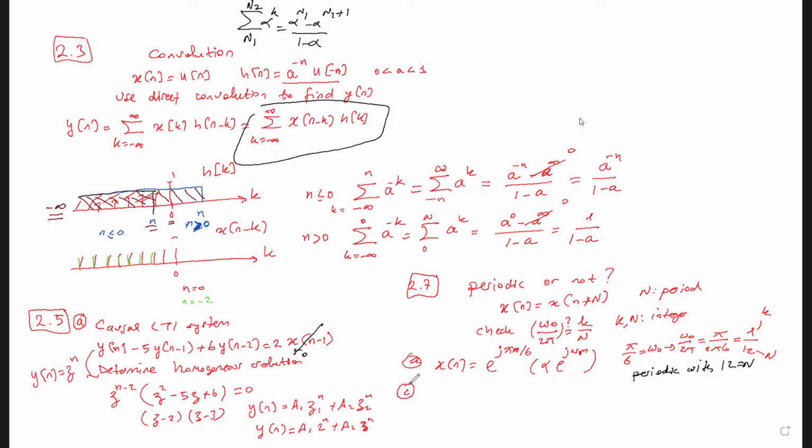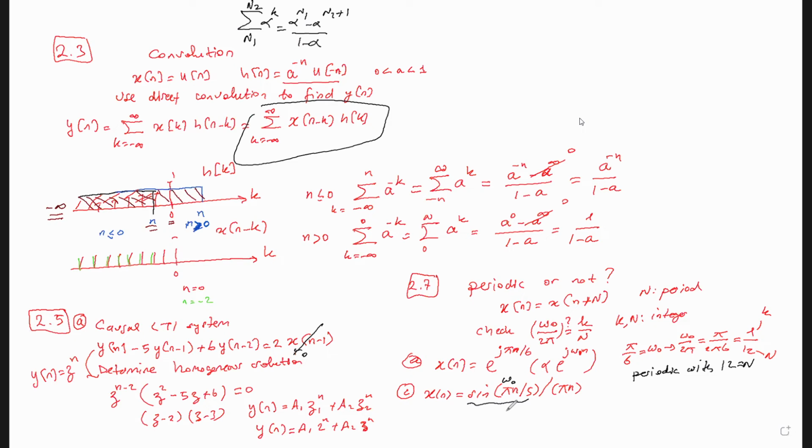Part C, which is x of n equals sine pi n over 5 divided by pi n. This is an interesting function. You have to be careful. This could be periodic, as omega 0 is pi over 5, so its period is going to be 10.